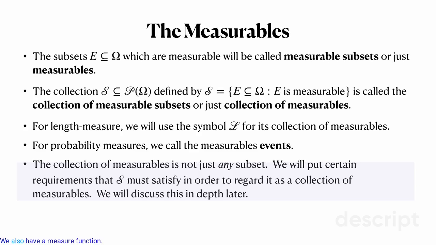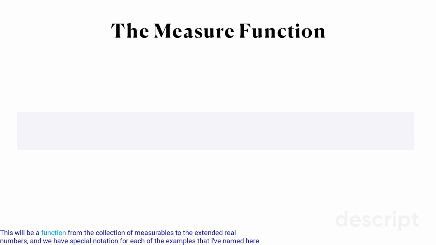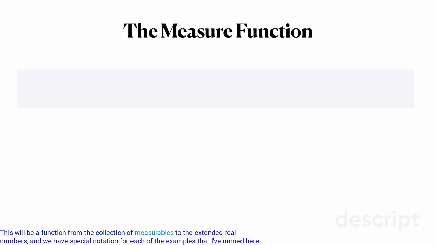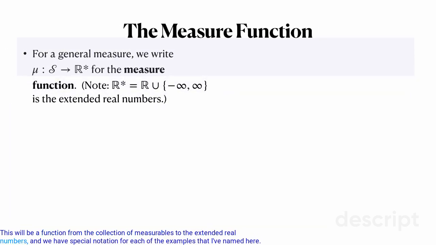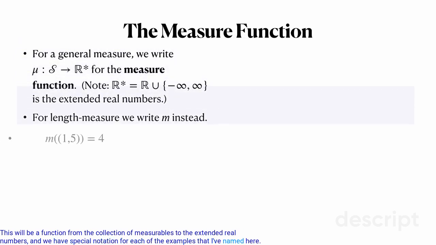Moving on, we also have a measure function. This will be a function from the collection of measurables to the extended real numbers. And we have special notation for each of the examples that I've named here.